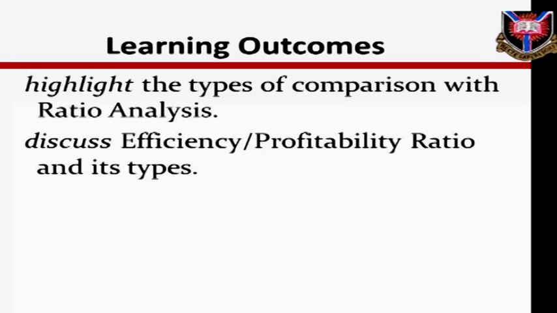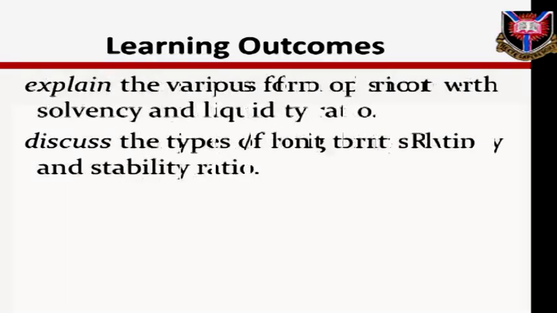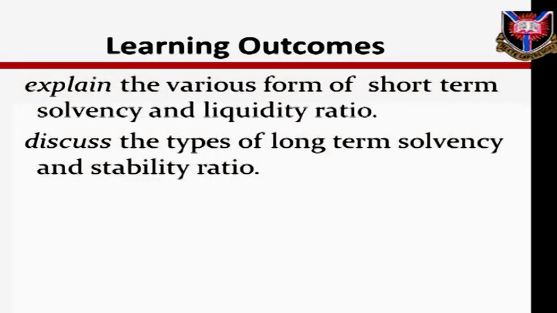Discuss efficiency or profitability ratio and its types. 6. Explain the various forms of short-term solvency and liquidity ratio. 7. Discuss the types of long-term solvency and stability ratio. 8. Examine the components of investors/shareholders ratio.